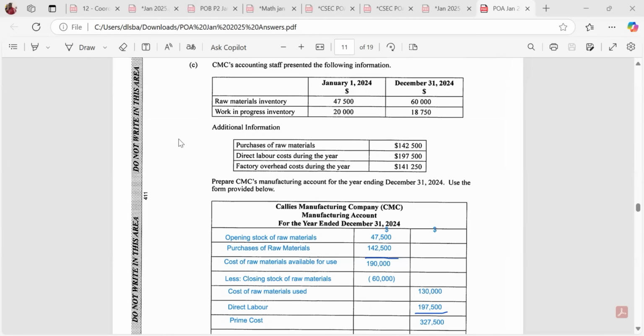The direct cost would be the cost of the raw materials they used, your direct labor, how much you pay your workers, and any direct expenses that you may have had. And then your factory overheads are your indirect costs, like your rent, if you rent the building, if you have a manager that you pay a salary to, things like that. You're paying lights, paying depreciation on fixed assets in the factory, things like that, right?